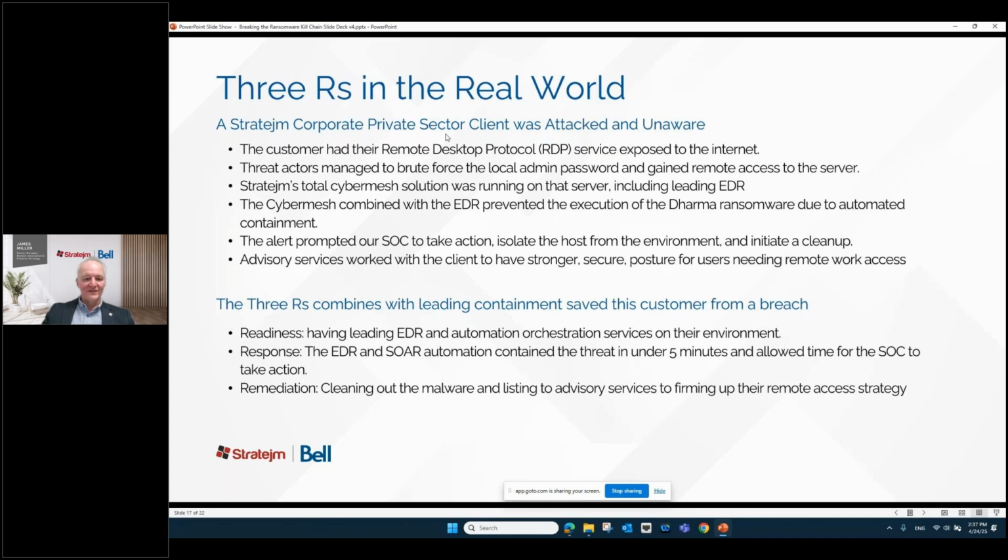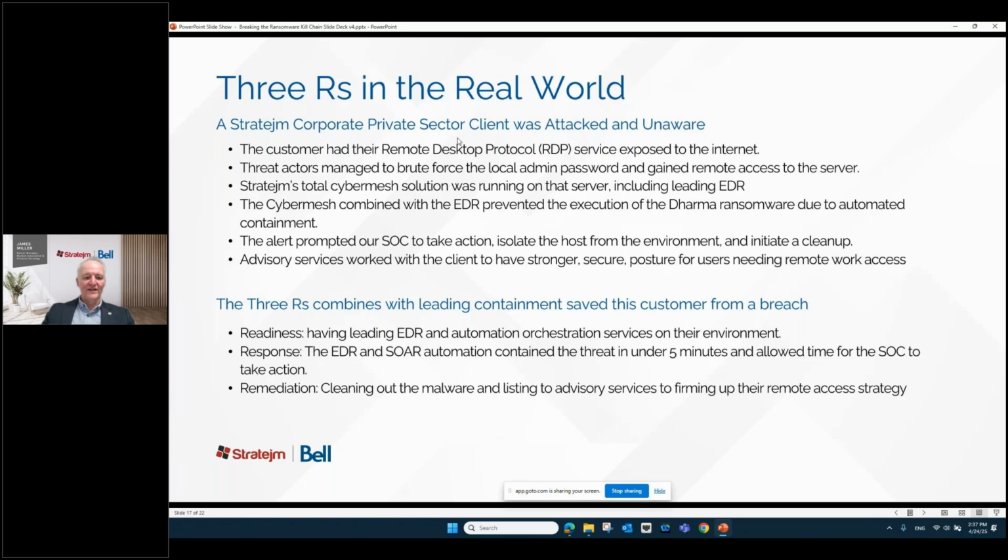Our advisory services then work with the client to have a stronger posture and to have proper software governance and a strategy for remote access. And that's when the cycle starts over again. And that's when you know that you've now gone to a next level of protection.